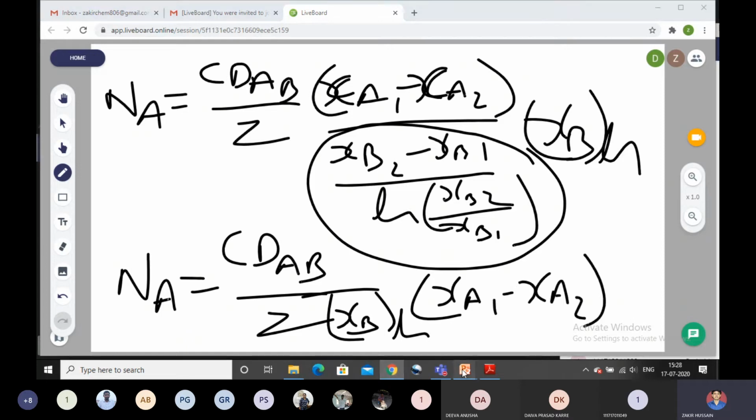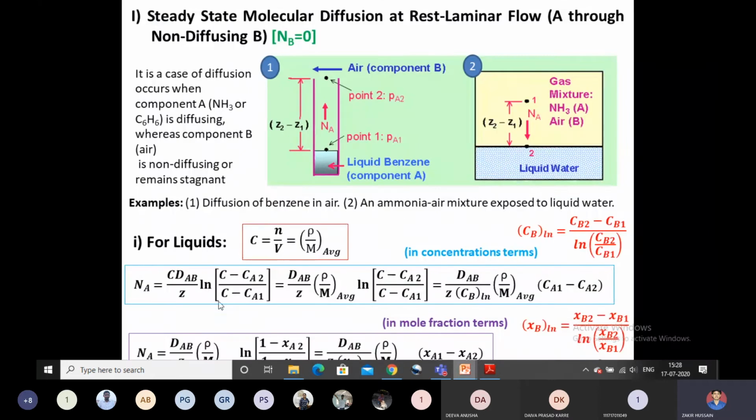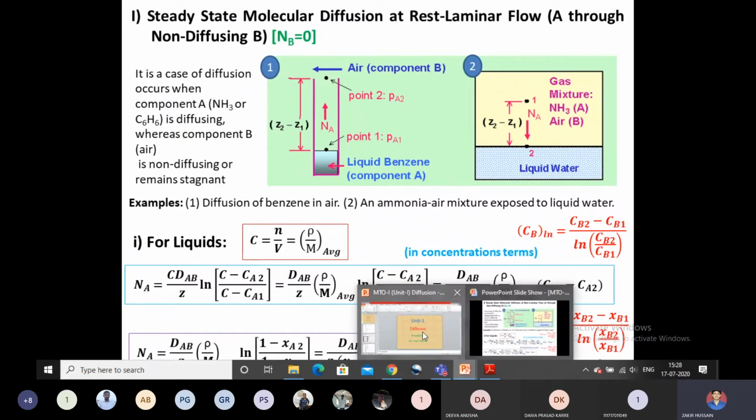If you see this equation in the PPT, it is not completely visible, so I am showing it without slide mode.